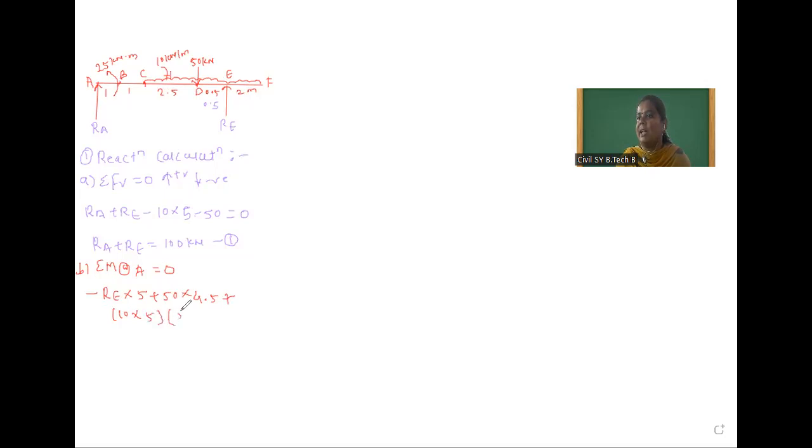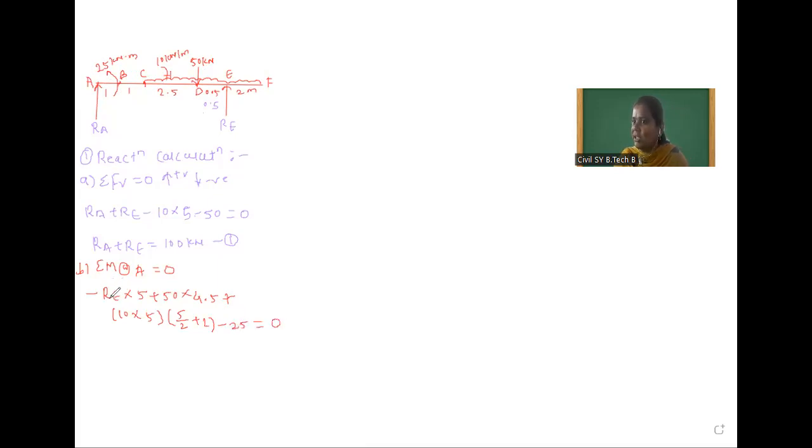And it will act at 5 by 2, plus, because the span is from C to F, 5 meter, and we have to add this 2 meter distance. So plus 2. Okay. Minus 25 because this moment couple is anticlockwise. So minus 25, which is equal to 0.